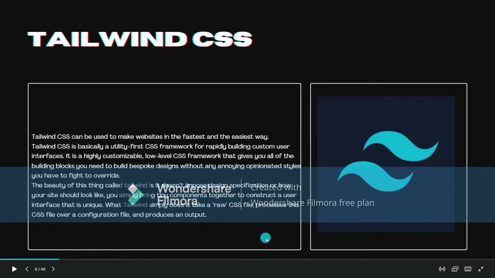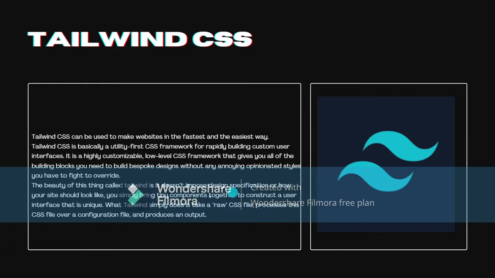Okay, next, Tailwind CSS. Tailwind CSS can be used to make a website in the fastest and easiest way without leaving our HTML document. Tailwind CSS is basically a utility-first CSS framework, a mobile and responsive first CSS framework for rapidly building custom user interfaces.